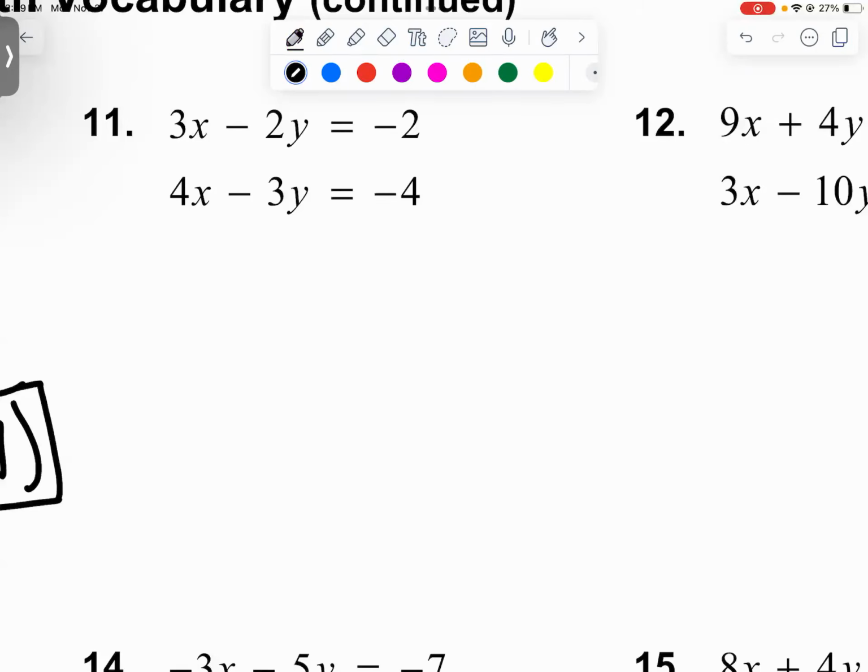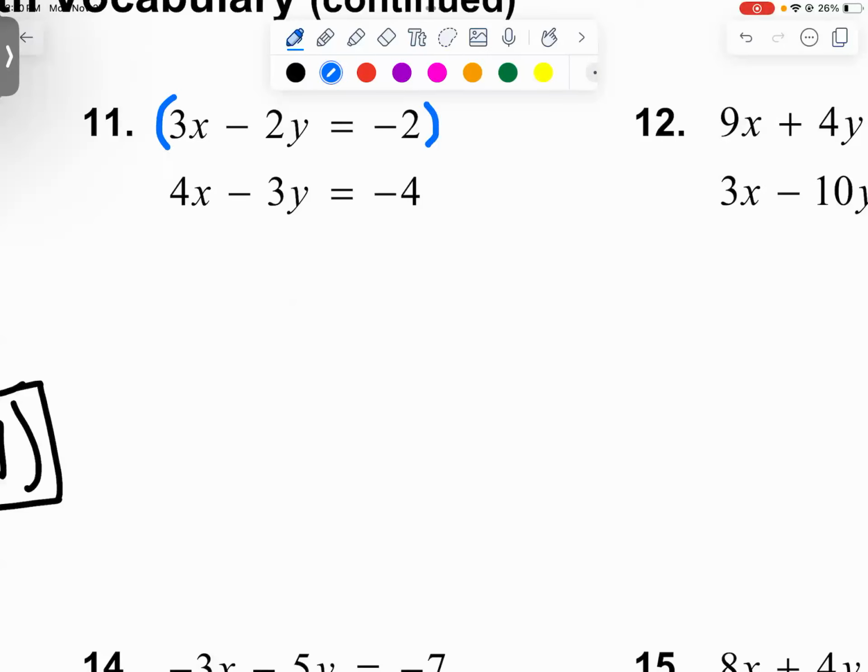Does anybody have an opinion? I would multiply by a negative and then a positive 3. I don't think that would help. If we want to make the y's opposite, what could we multiply the first one by?